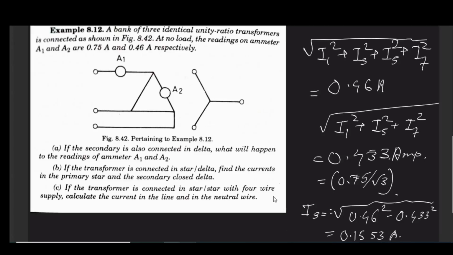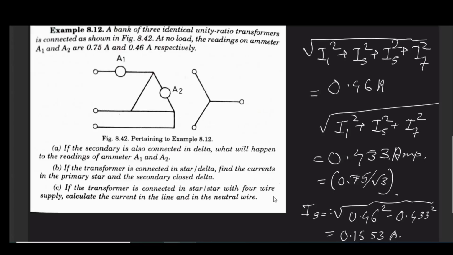When the secondary is also closed in delta, the third harmonic current will flow both in secondary and in primary. So what will happen, that you can observe a slightest reduction in the reading of A2, because now your secondary side is also providing a path to circulate your third harmonic component.